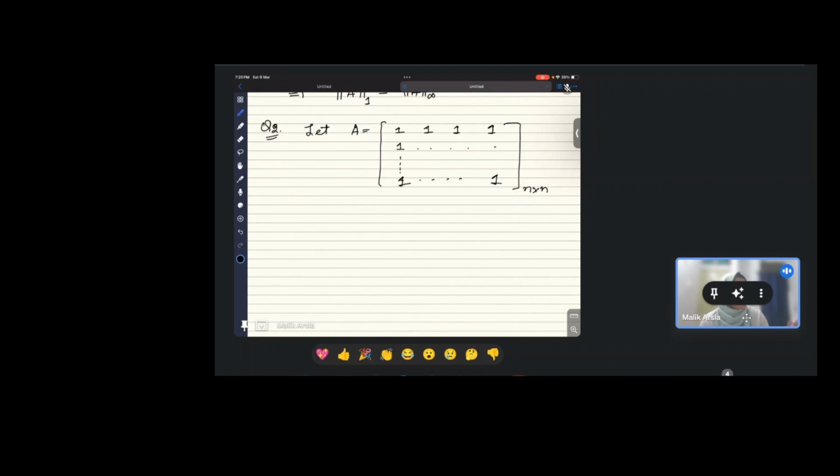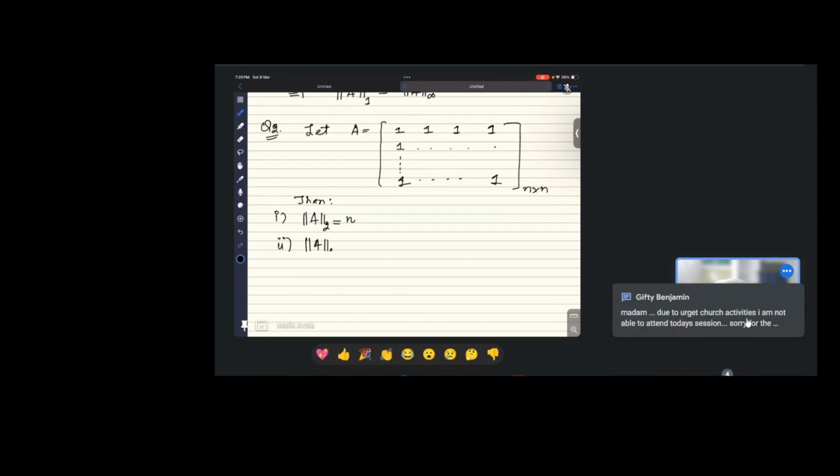Every entry is equal to 1 and it is an n cross n matrix. Then we have to check the following options. First, the 2 norm of A is equal to n. The second is the 2 norm of A is equal to root n.